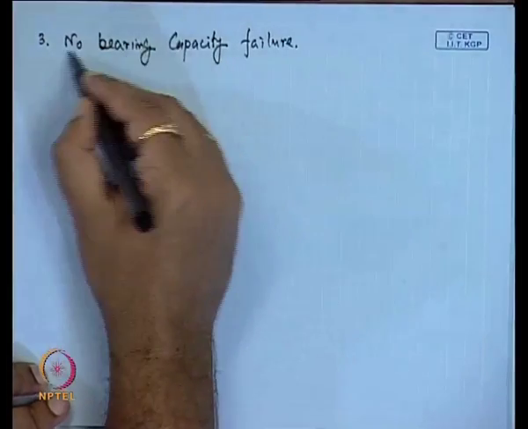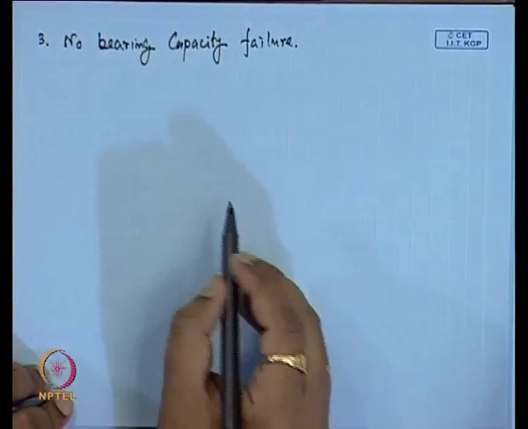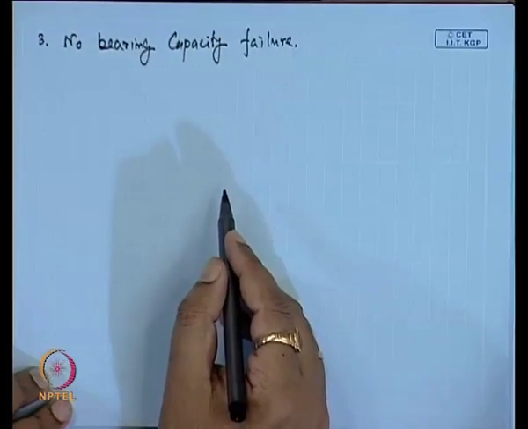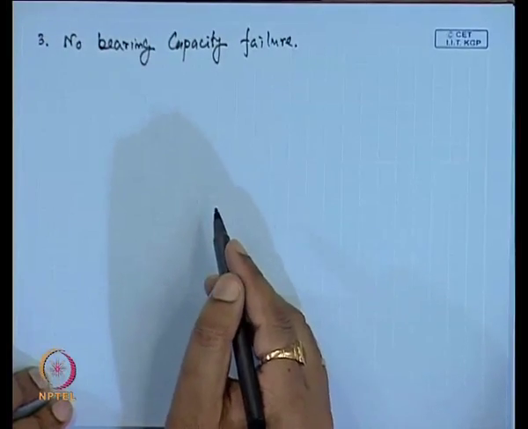No bearing capacity failure means, if the base soil or foundation soil is very poor, then there is a possibility that the soil will fail, as the vertical load is coming on that soil. So, we have to check for the bearing capacity failure also, whether this soil is capable of taking the load of this retaining wall, including the soil pressure that is coming on that foundation soil.